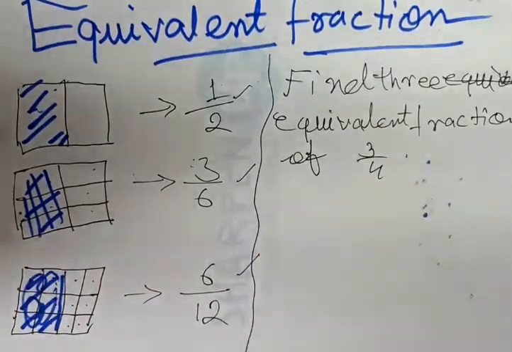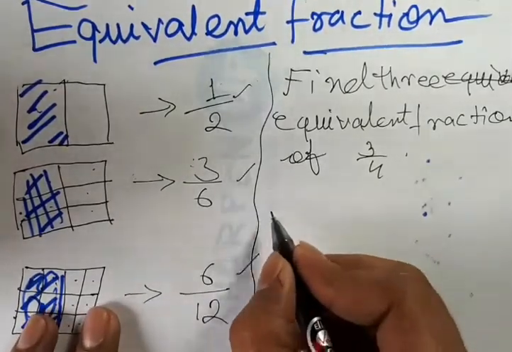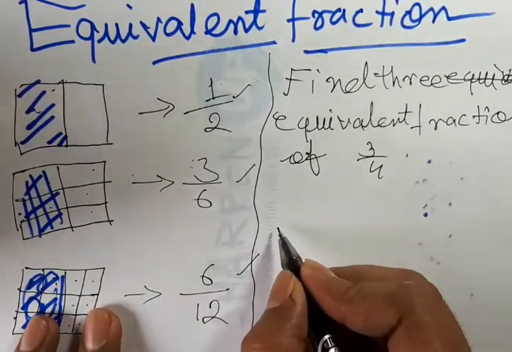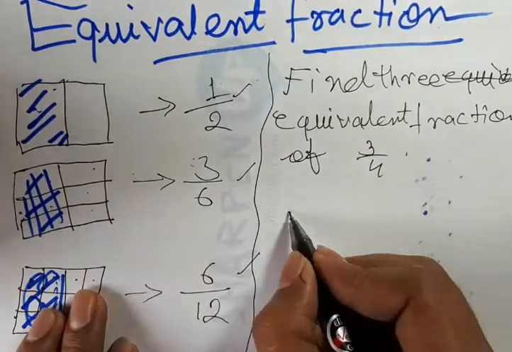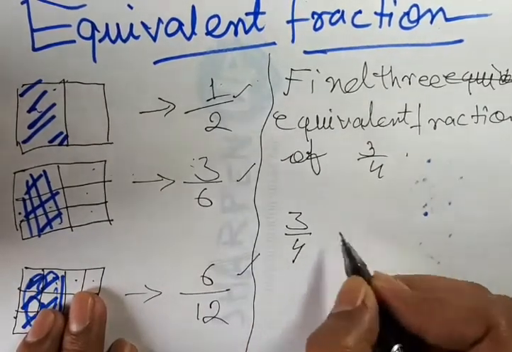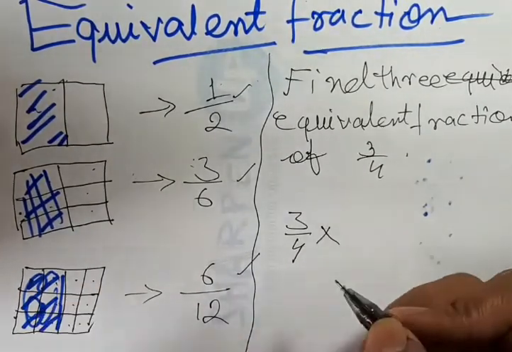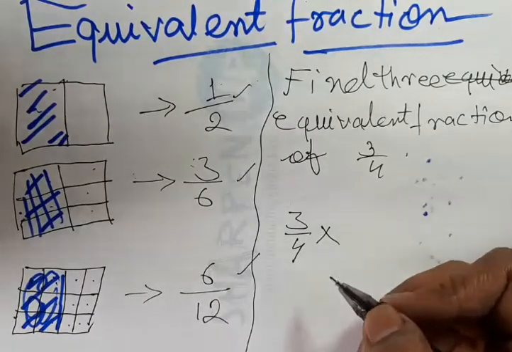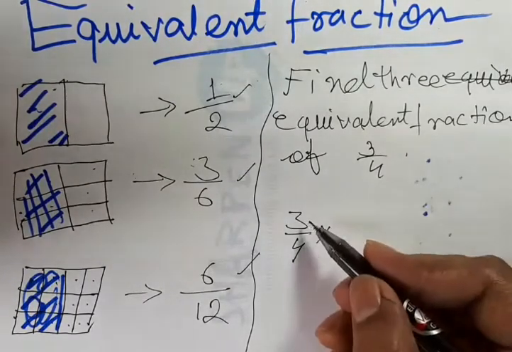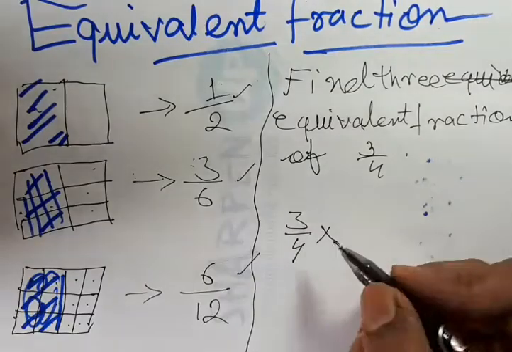So what will you do? For the first equivalent fraction, you will write 3/4. Then you will multiply 3/4 by a number over the same number. You will multiply the numerator and denominator with the same number.